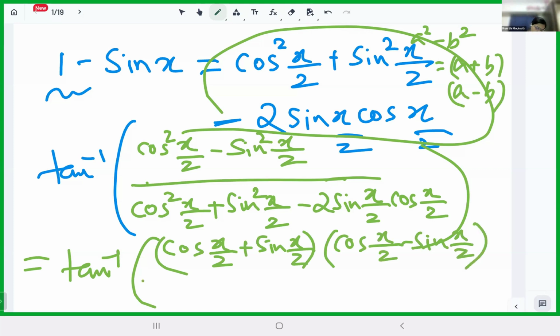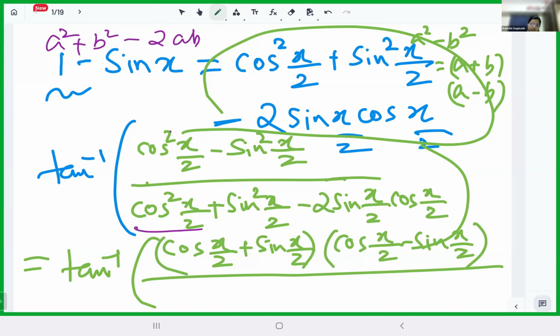Okay, and the denominator is in the form of a square plus b square minus 2ab, right? This is a square, that is instead of a it is cos square, right? Cos square x by 2 plus sin square x by 2 minus 2 sin x by 2 cos x by 2. Isn't it in the form of a square plus b square minus 2ab?